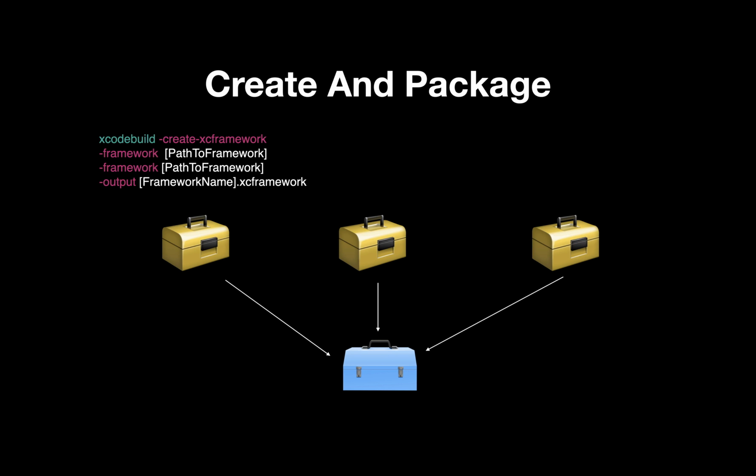In this command, the output generated from previous commands, which would be a .framework, will be used as input, and we will be giving a name to the resulting XCFramework and a path to that framework.